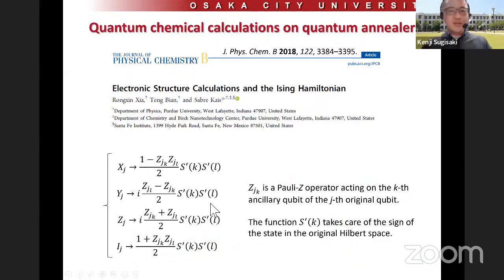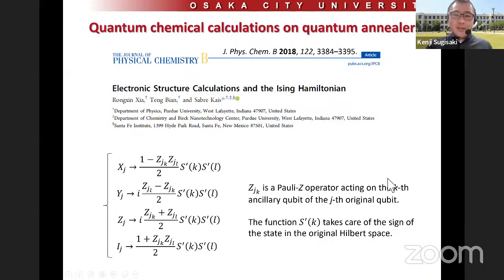This is the equation proposed in this paper, and this C_jk is a Pauli Z operator acting on the k-th ancillary qubit of the j-th original qubit. And we need some S function. This S function takes care of the sign of the state in the original Hilbert space.